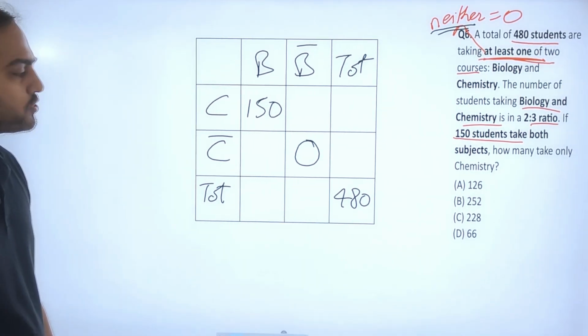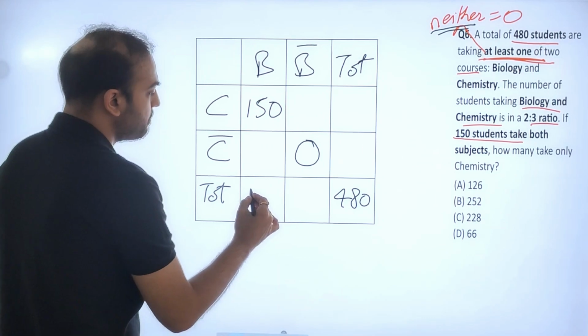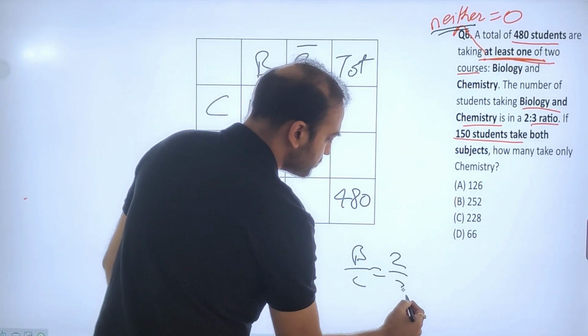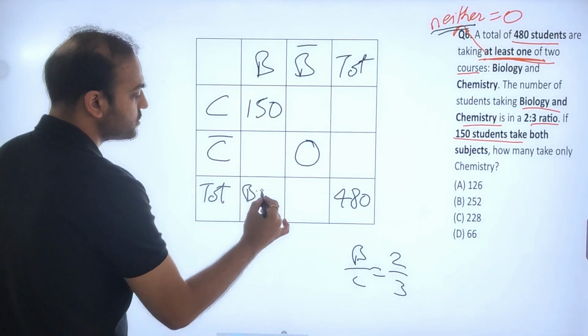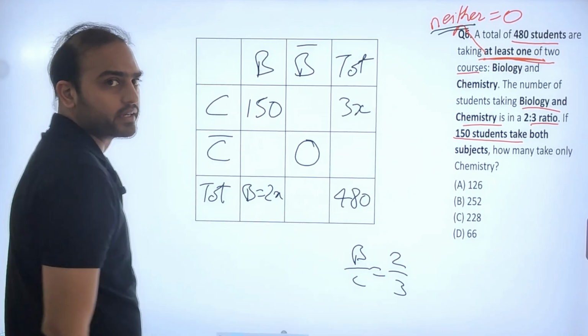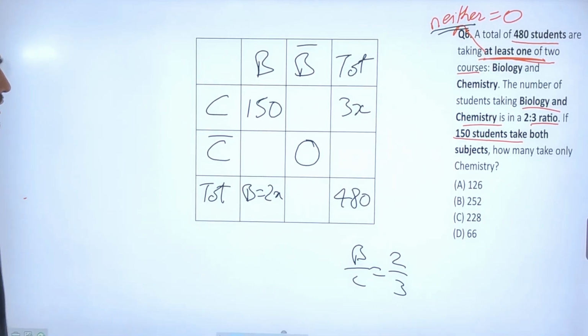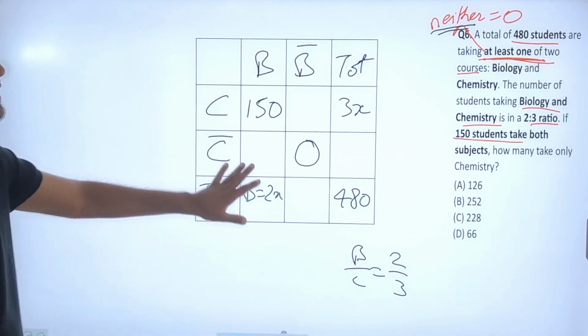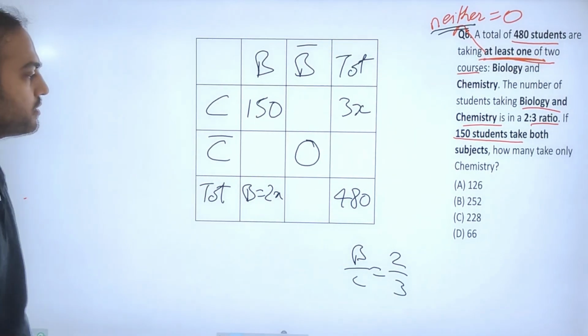So the way we solve ratios, we will take biology by chemistry as 2:3. So we will take biology as 2x, chemistry as 3x. Now all the data is given, let's fill the table.